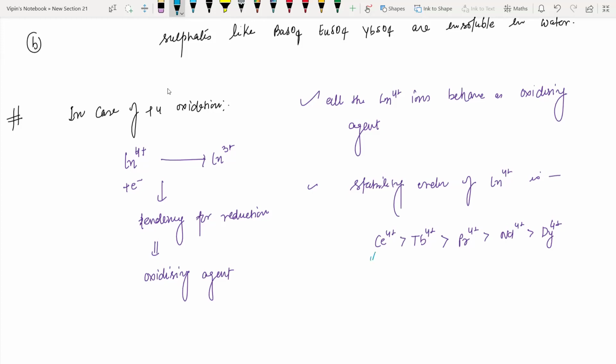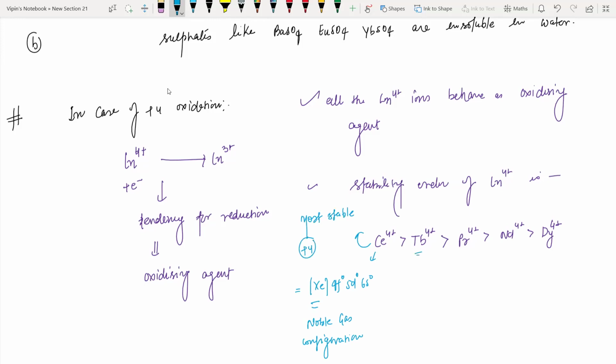In case of cerium, we have 4f0, 5d0, 6s0 configuration. So it actually has noble gas configuration. Cerium 4+ has noble gas configuration. Therefore, it is the most stable. So this is the most stable +4, right?